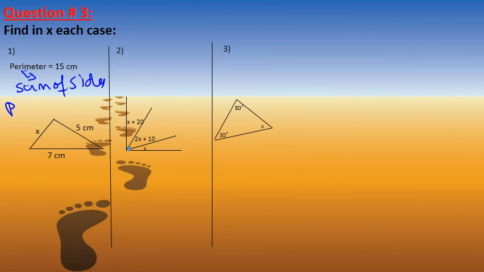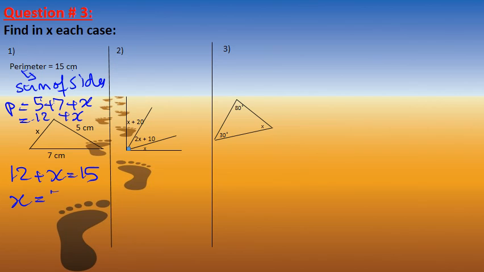So the perimeter is equal to 5 plus 7 plus x, which is 12 plus x. So 12 plus x is equal to 15. Then, this is an equation, x is equal to 15 minus 12, so x is equal to 3.